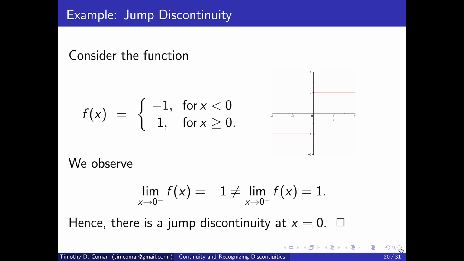So let's say f of x is defined to be -1 for x less than 0 and to be 1 for x greater than or equal to 0, which again is graphed in this figure. Well, we see that the left-hand limit is going to be -1. We see that the right-hand limit here is going to be equal to 1. And that's enough to say that we have a jump discontinuity at the point. Both the left and right-hand limits exist as numbers, but they're not equal.